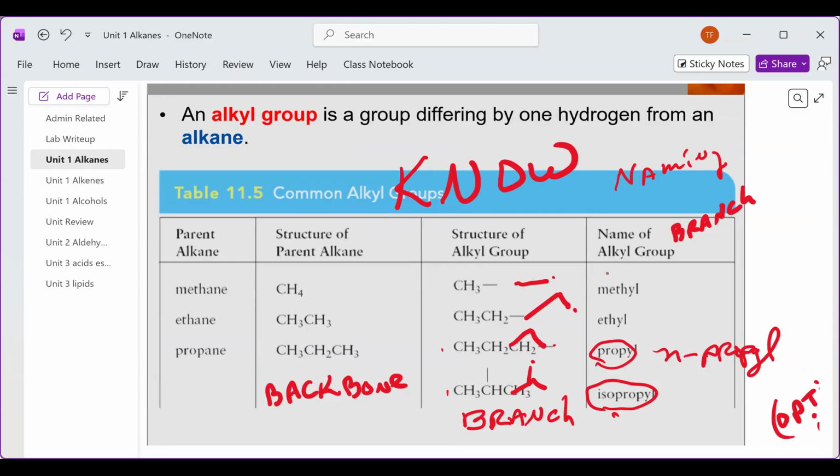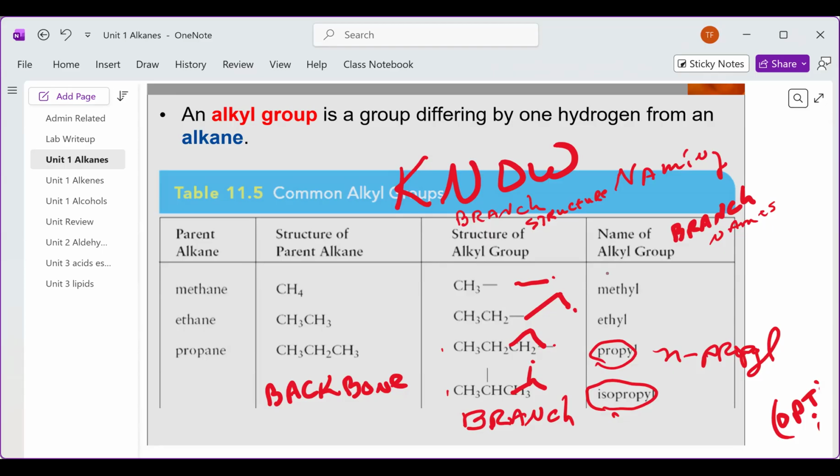So these are branches. These are branch structures. And these are the branch names. So if the structure has one carbon as a branch, it's called methyl. If it has two, it's called ethyl.